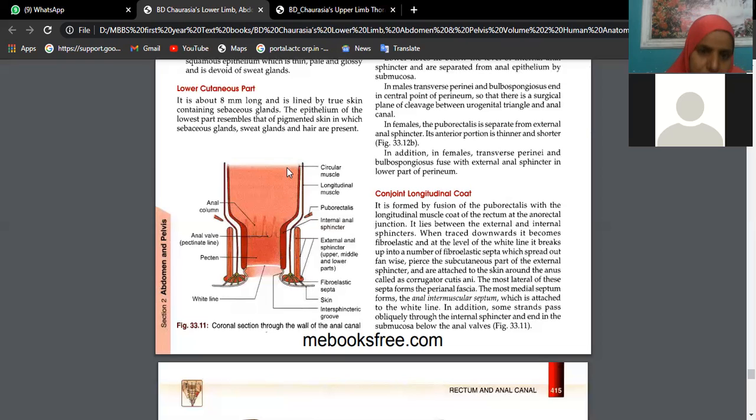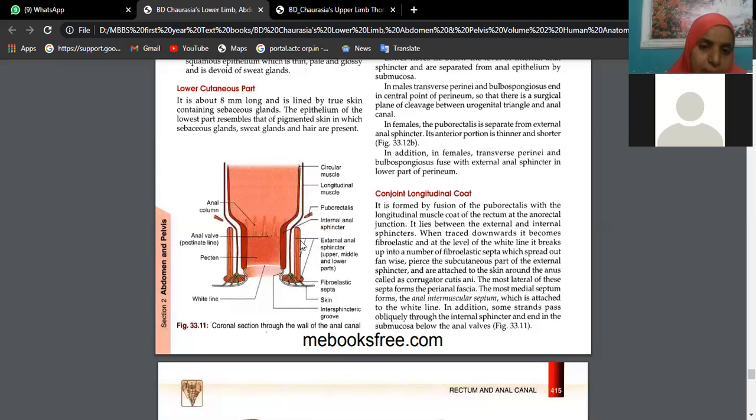When you consider this longitudinal muscle coat, it comes down like this and ramifies, that is, branches, to form elastic septa, fibroelastic septa, which get inserted in true skin. That's the reason if you look at the anal orifice, it will be contracted as though it is pouting out like a mouth, and it will have so many folds all around like a sun.